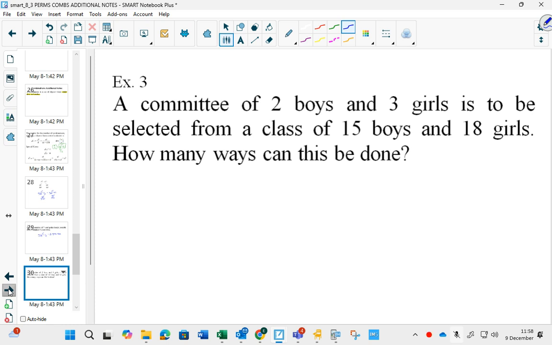We need to decide which boys are going to be on the committee, and we need to decide which girls. So it's kind of got the fundamental counting principle. But then when you say, how many choices are there for boys? Well, the order doesn't matter on a committee, so this will be 15 choose 2. And how many choices for the girls?